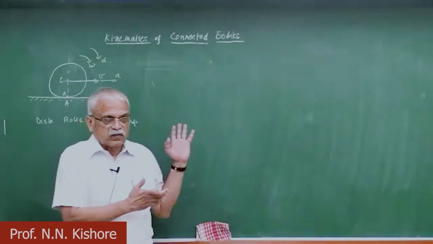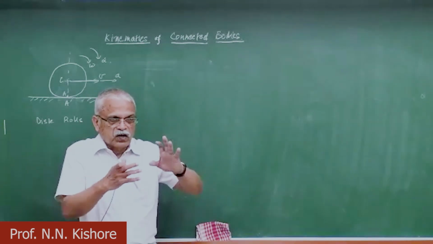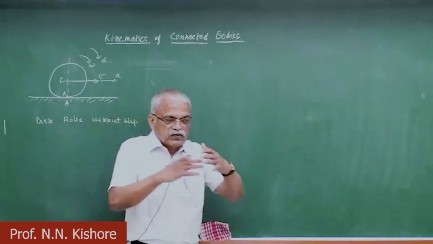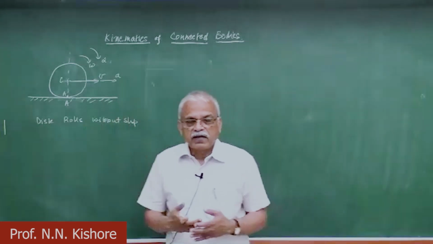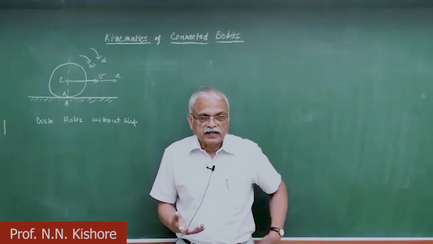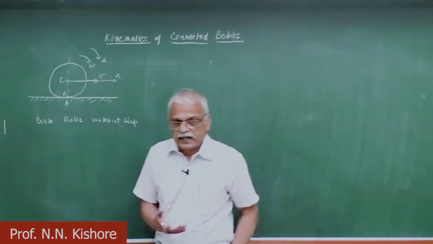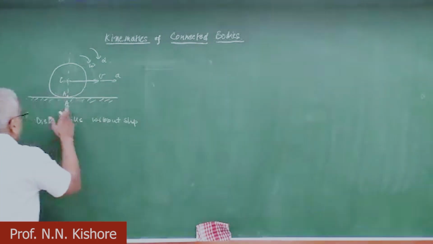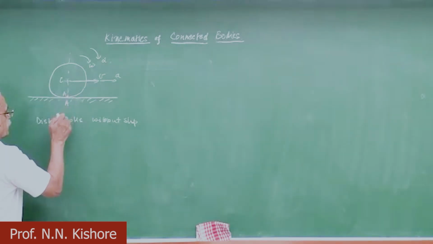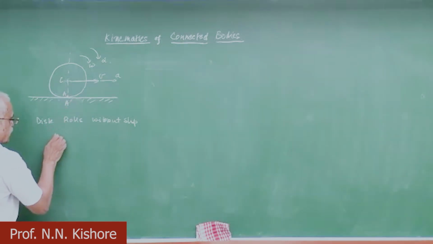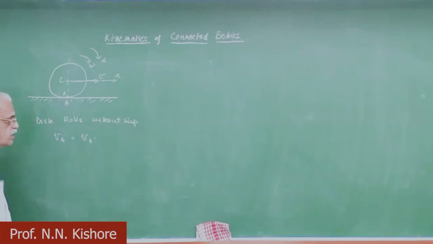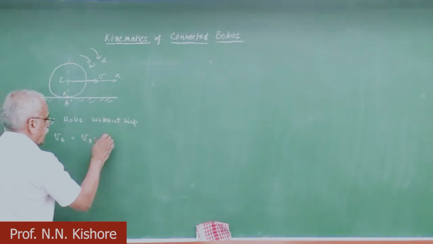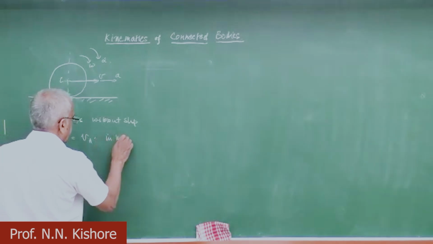In fact, this is a more general definition, because tomorrow you are going to see some bodies which are moving in an absolute sense, but sometimes we say that there is no slip, which means that they have the same velocities and accelerations. So the velocity of A and velocity of A prime are the same, in the horizontal direction.